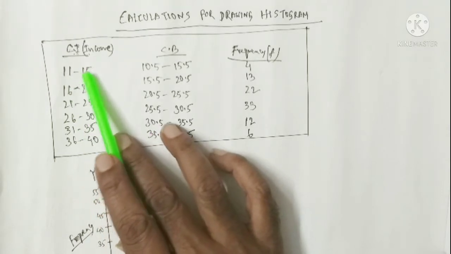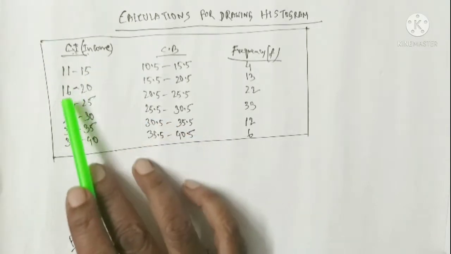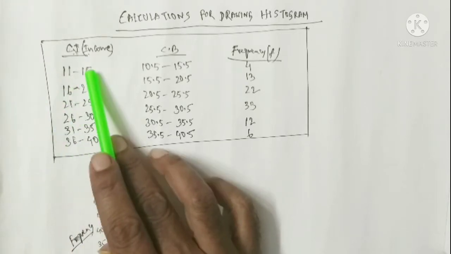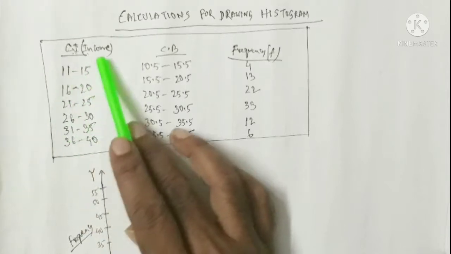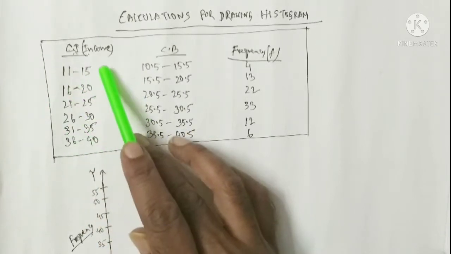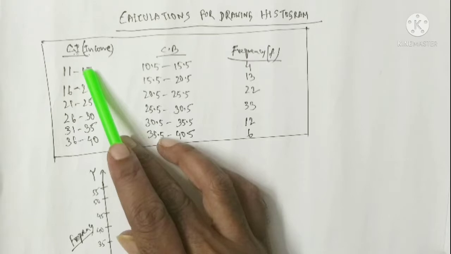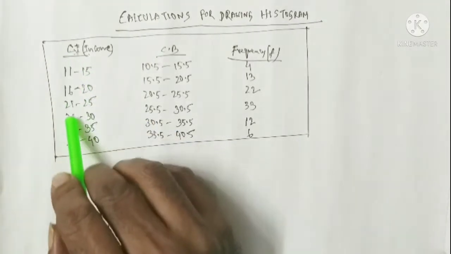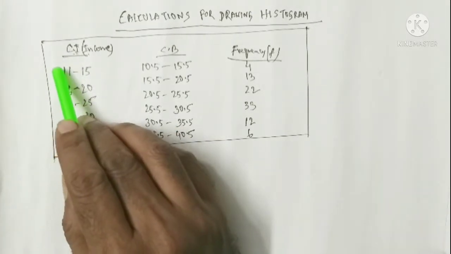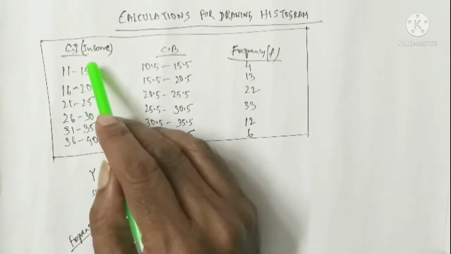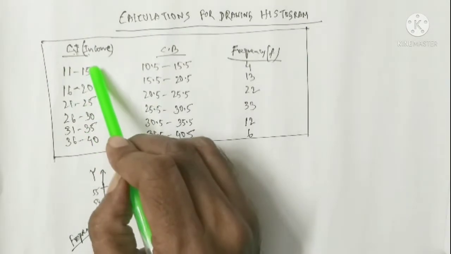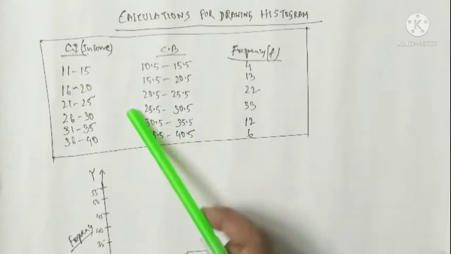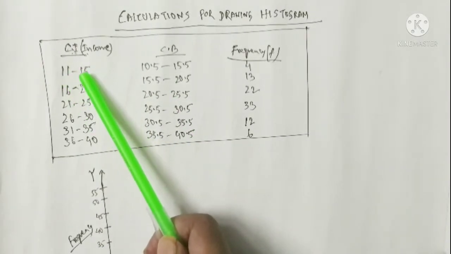This 15 is the last point of the first class, and this 16 is the first point of the second class. The difference between 16 and 15 is 1, and 1 divided by 2 is half, that is 0.5. From the first points we subtract 0.5, and to the second points we add 0.5, that is, minus on the left side and plus on the right side.